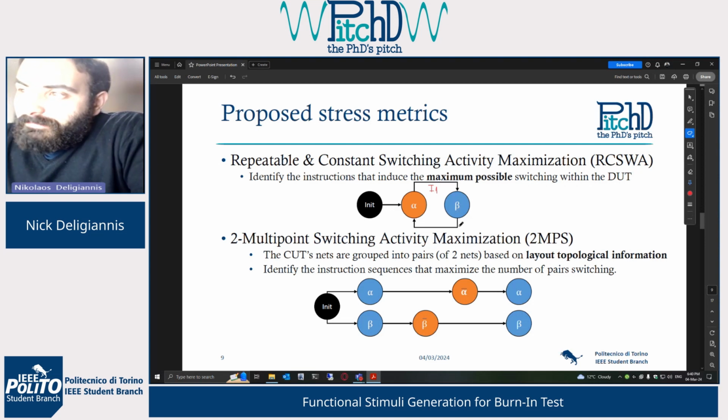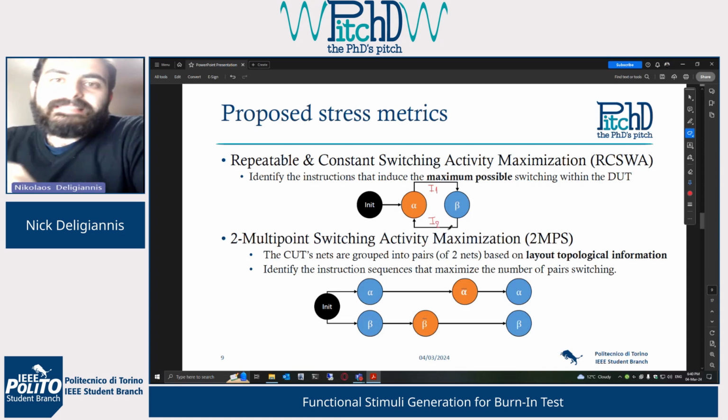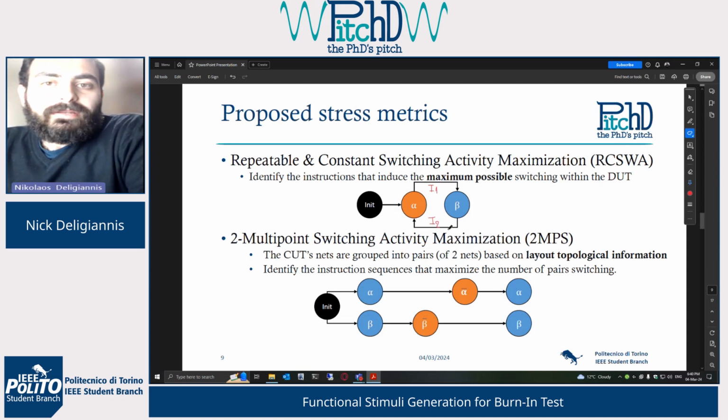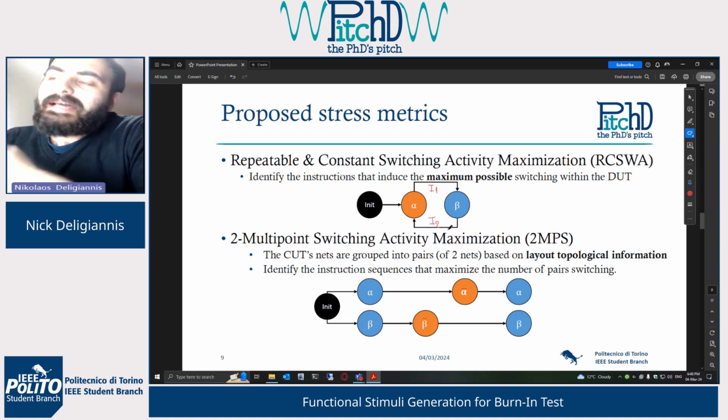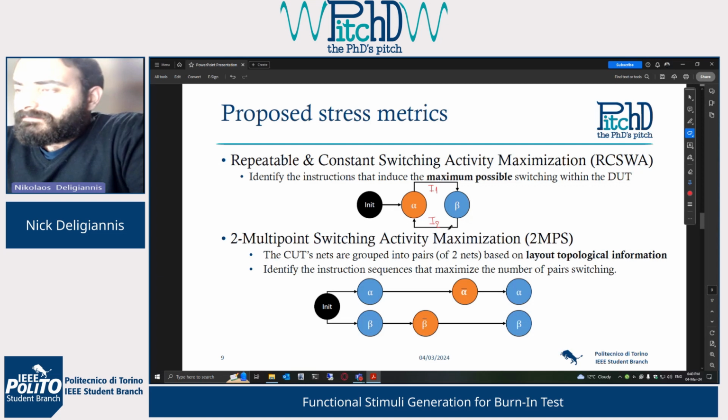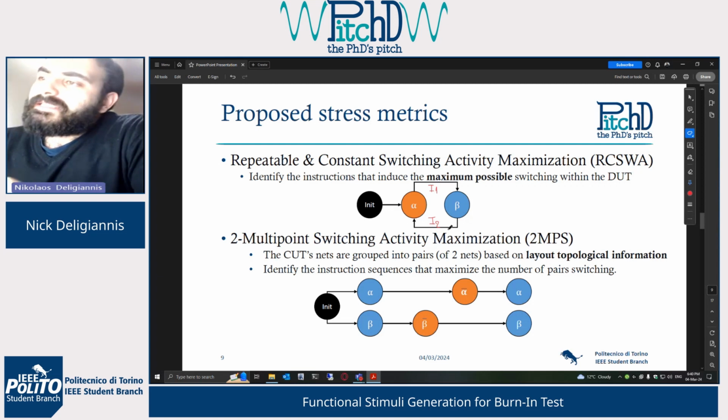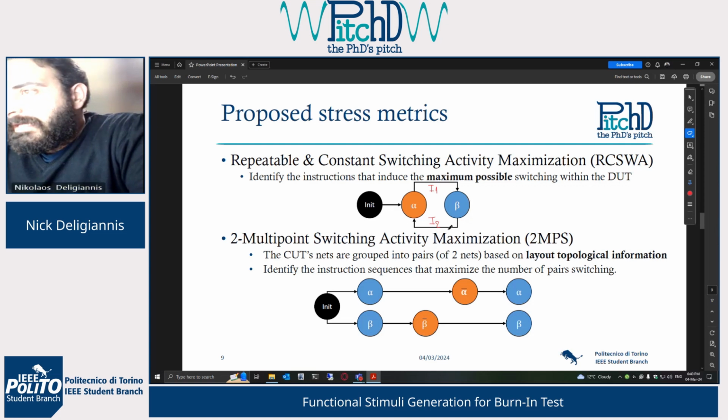Then from the state B, we move back to the state A by applying the second instruction that inverts, let's say, the transitions induced by the previous one. So in this way, we can have an arbitrarily large amount of stressing for the target until it is forcibly terminated, let's say, by issuing some sort of interrupt.